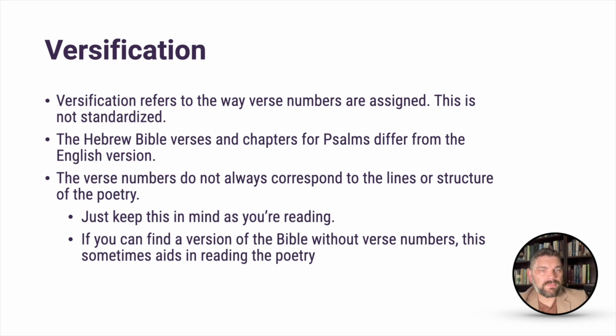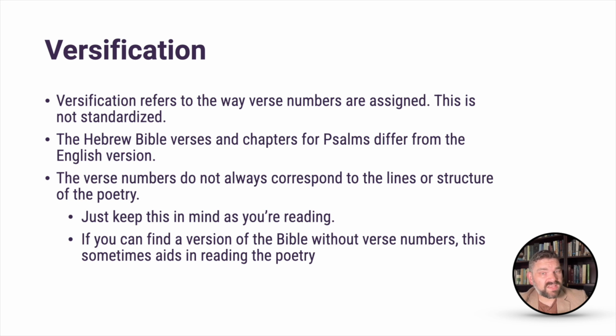So the verse numbers don't always correspond to the lines or structure of the poetry either. So just keep this in mind as you're reading. And this is where I would encourage you to maybe even try to find a version, or if you have Logos, you can turn off verse numbers, to get rid of those verse numbers so you can actually see the poetry. And that's what I'm trying to get at here with the versification. We look at these numbers, and these numbers in our minds, whether we intended or not, affect the way we read Psalms.